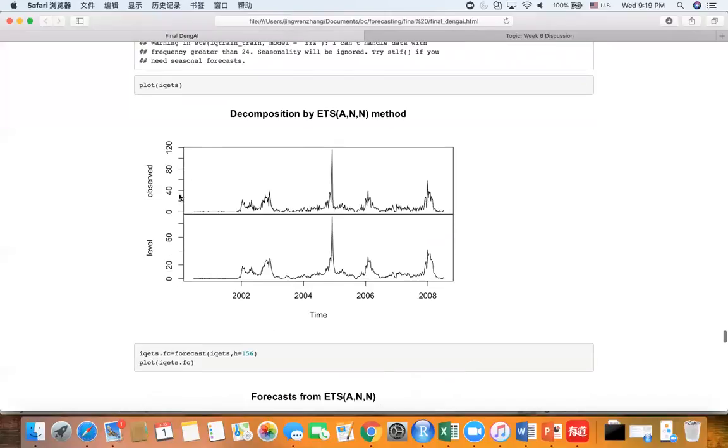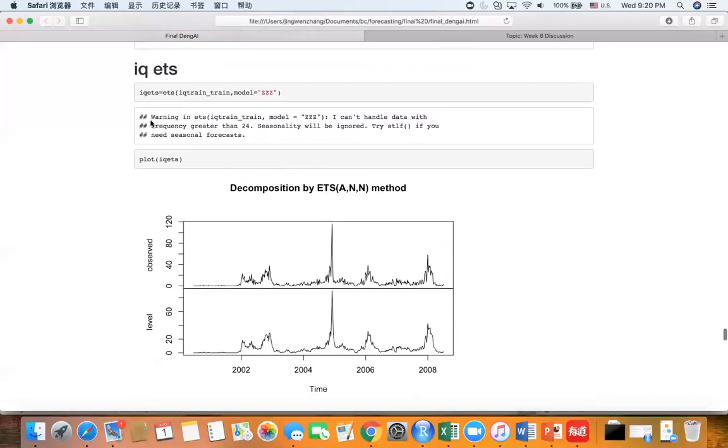And then here, same. By the way, when I run the ETS model, it has a warning, says it can't handle data with frequency greater than 24, seasonality will be ignored, try STLF if you need seasonal forecast. Okay, it seems like it gives me advice for what I need to do next. So next I'm going to use STLF.